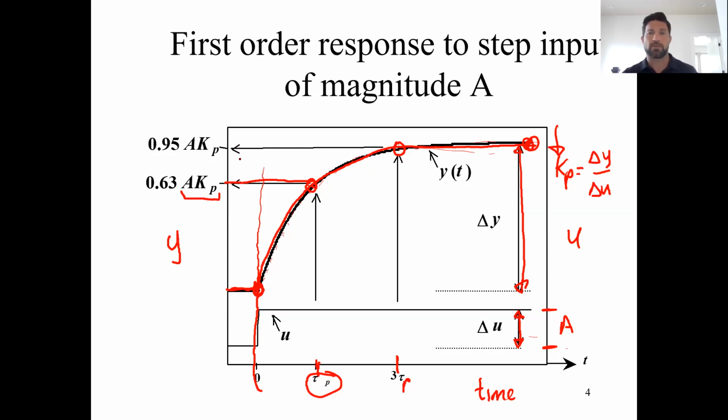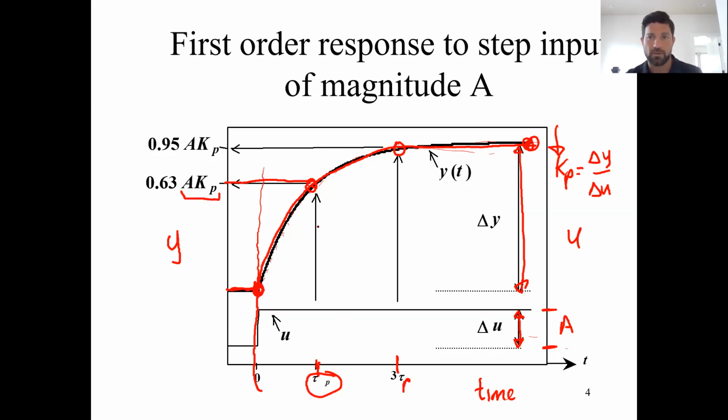Knowing the transfer function, we can first plot the initial steady state value. If we plot this in deviation variables, this would be 0. Then, using tau, we can calculate 63% of the total change and 95% of the total change, put these two points on here, and just sketch through.